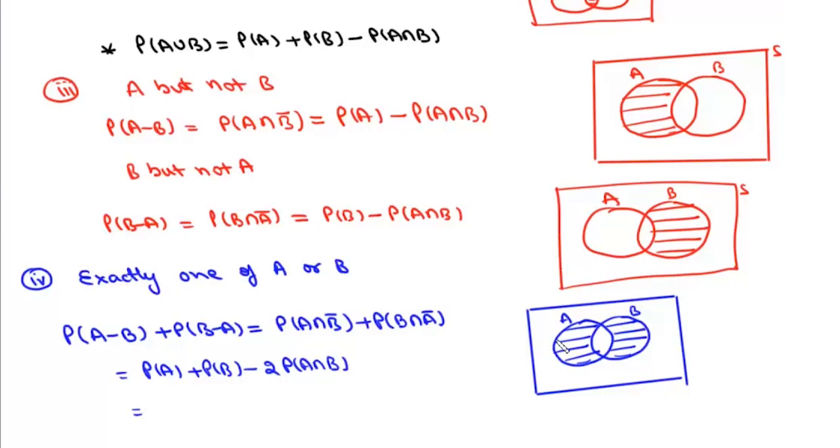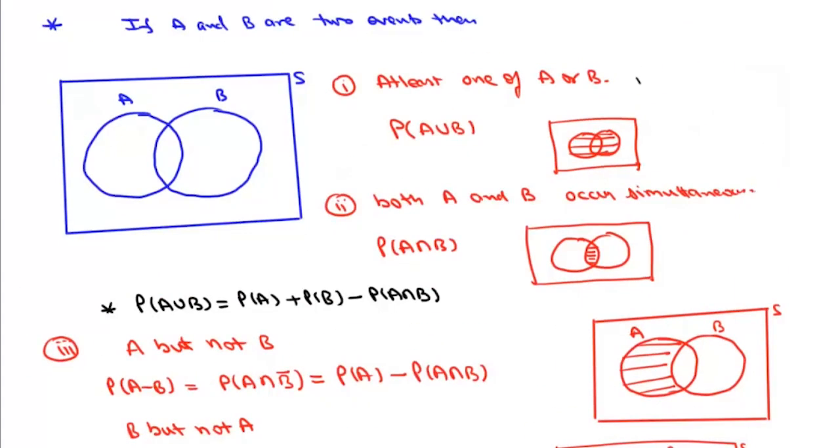Or if we see this entire region is P(A union B), and from P(A union B) we can take out this P(A intersection B). So we can write this as P(A union B) minus P(A intersection B). Now vis-a-vis union and intersection, we can say union of events is commutative.